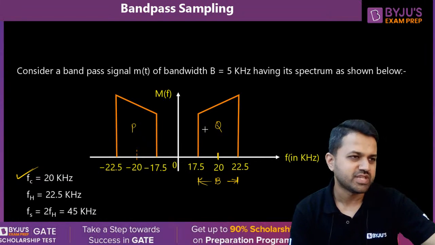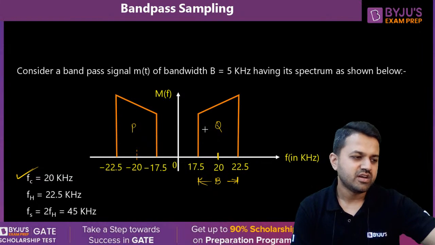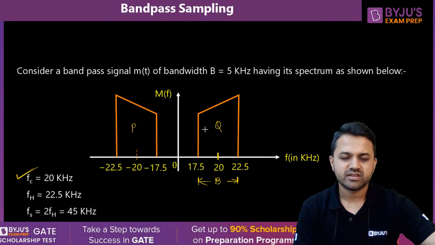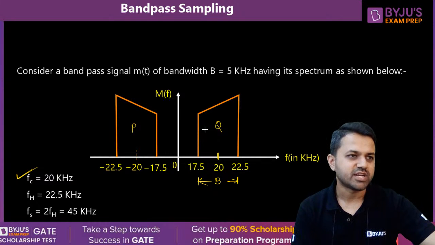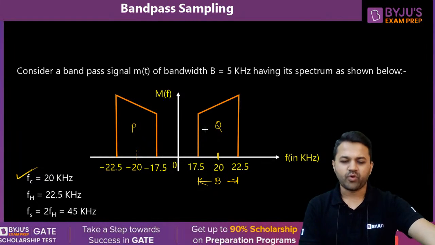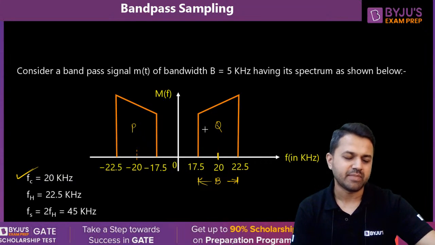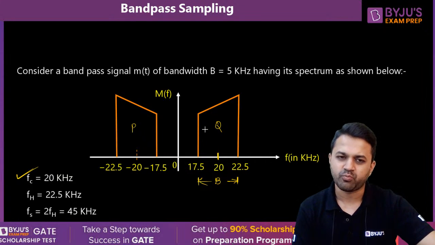Up to this point, is it clear? When do you say that your information is recovered? When you get the set of P and Q. Our information lies between 17.5 and 22.5, and on the negative side between minus 17.5 and minus 22.5.